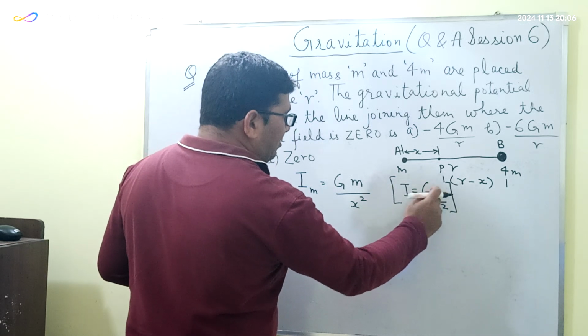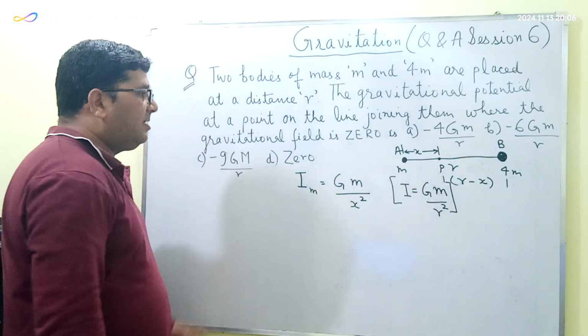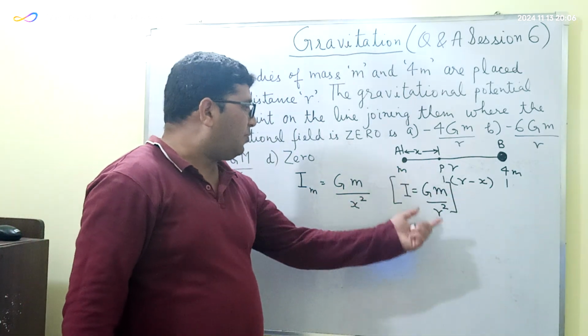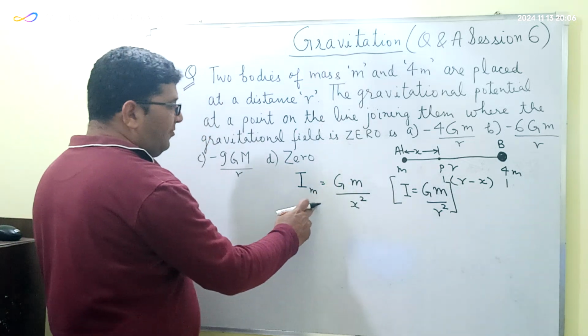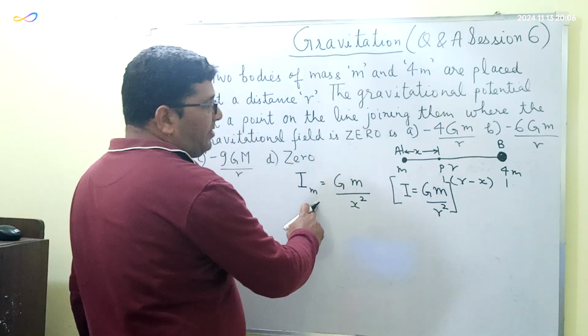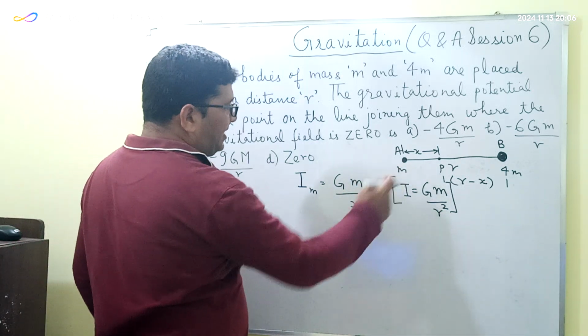By using this equation, I have written the gravitational field intensity due to the body of mass m.